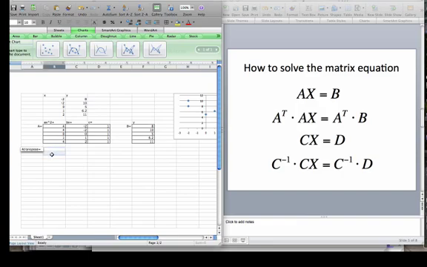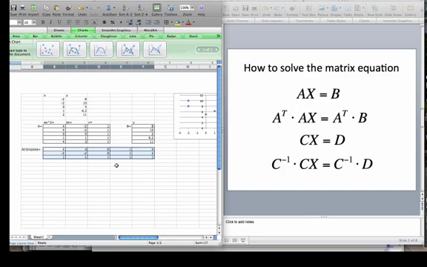So I need to highlight a 3 by 5 area and type equals transpose, highlight A, parenthesis, and then either Control or Command Shift Enter. And before I do anything else, I'm going to box it. All right, I have A transpose.